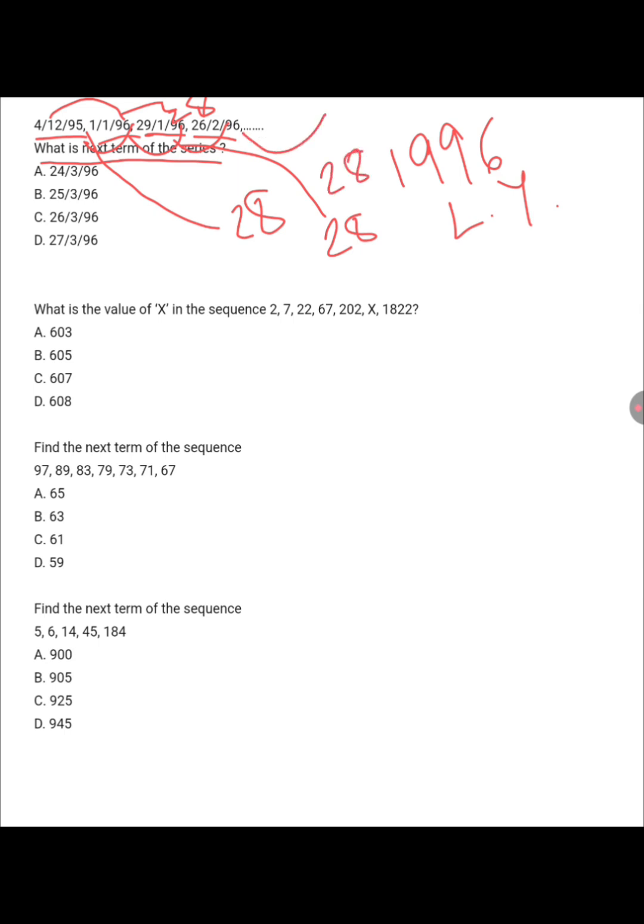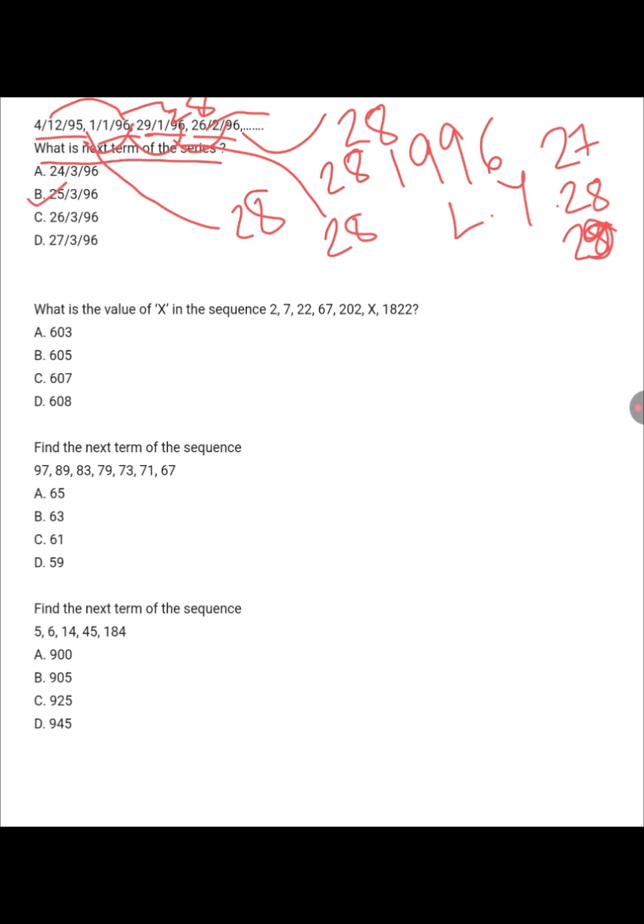So the next date will be after 28 days. Here 26th Feb means next 27th, 28th, 29th Feb. Then after 3 more days, in the next month, 25th March will be the answer.